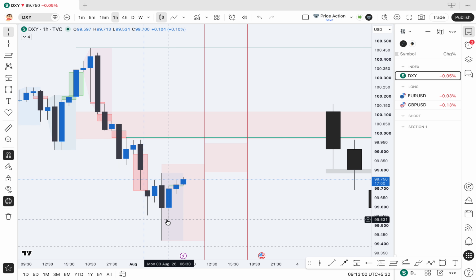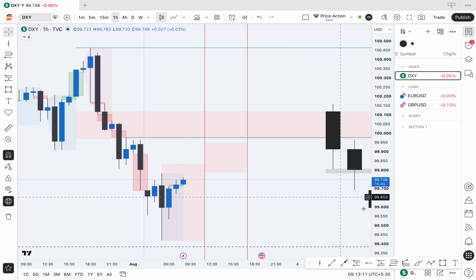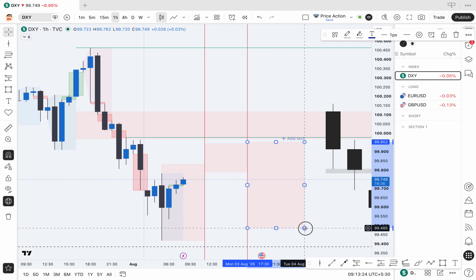So again, if Asian does not push till the level, till the swing, till the point in the market, then I will wait for London to push till here and wait for New York to open, and then open, high, low, and close. We sweep all the liquidities we have in the market. We sweep the London liquidity and we push to the downside.